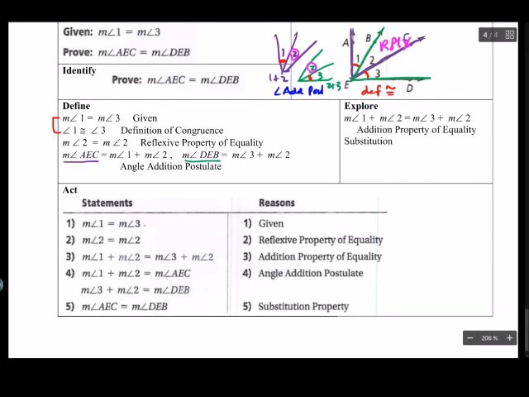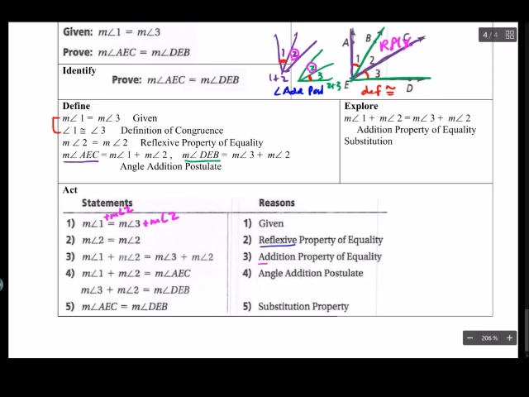We have the measure of angle 1 equals the measure of angle 3, that's given, and the measure of angle 2 equals the measure of angle 2, that's just our reflexive property of equality there. So I can say 1 plus 2, look what I'm doing here, I'm adding the measure of angle 2, and I'm adding the measure of angle 2. Remember, measure of angle 2 is just a number. I know that 1 equals 3, and I can add the same thing to both sides of any equation.